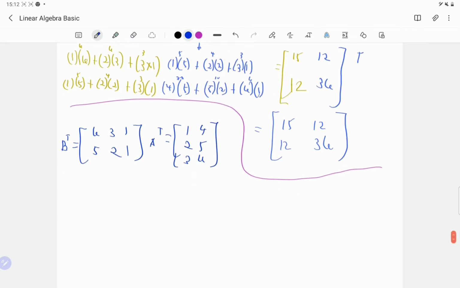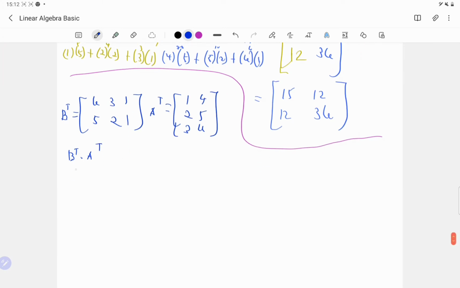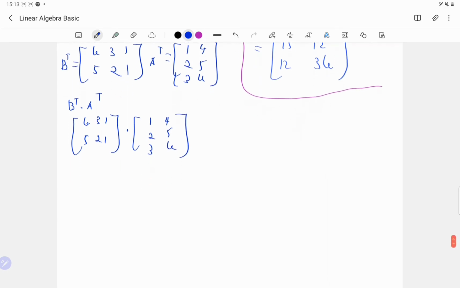Okay, now let's do this. B transpose times A transpose, do the matrix multiplication. 6, 3, 1, 5, 2, 1 times 1, 4, 2, 5, 3, 6. Okay. Yeah. 6, 3, 1.